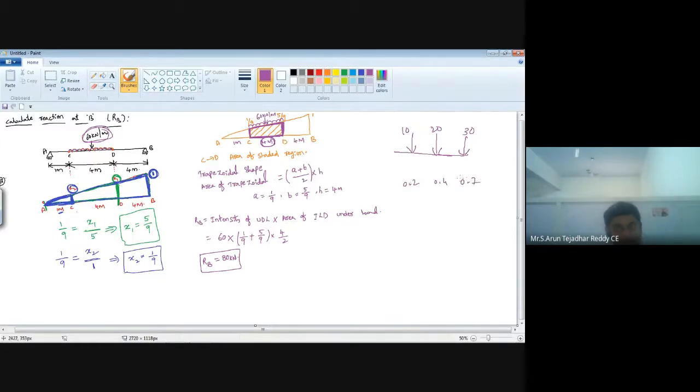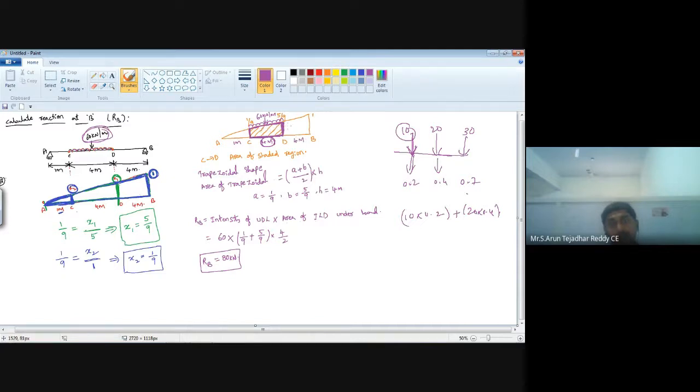So in the previous problem, what we did was 10 into 0.2, because it is a single load with a single ordinate, plus 20 into 0.4. But here, what is the small change?